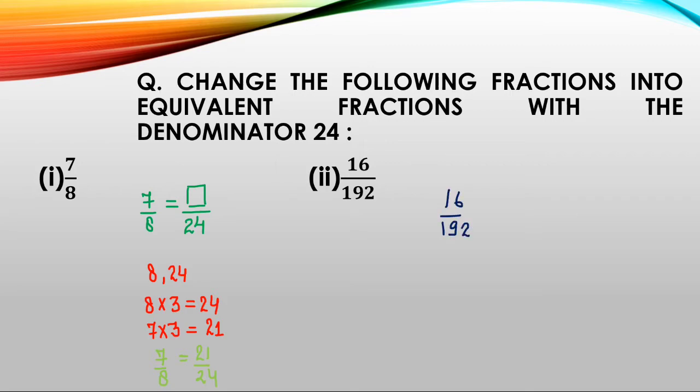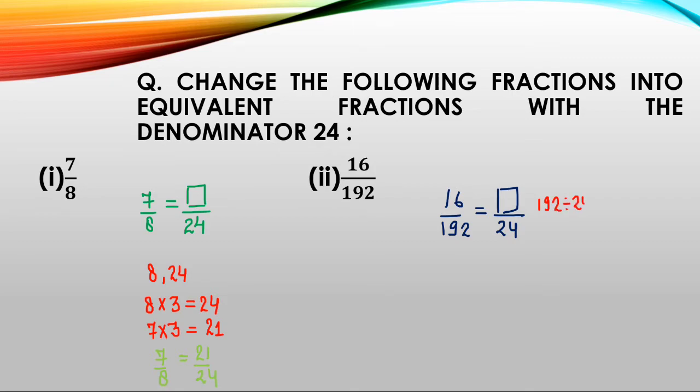The next part is 16/192 is equal to dash upon 24. Again, as you can see, a bigger number is converted into a smaller number. So, we have to divide the denominator by a number to get 24. Let us find the number by which we have to divide 192. Firstly, divide 192 by 24.